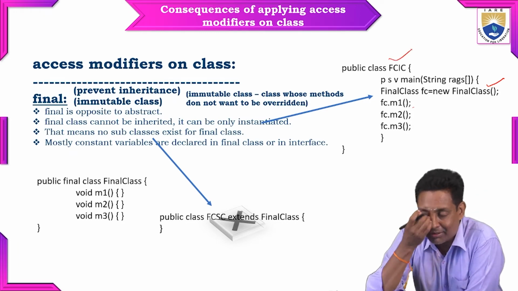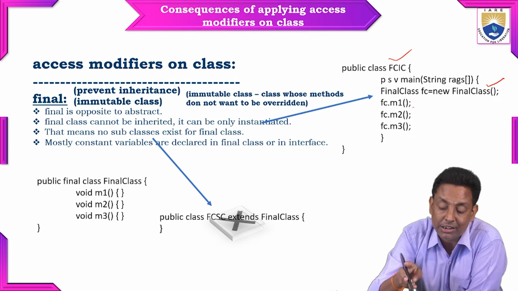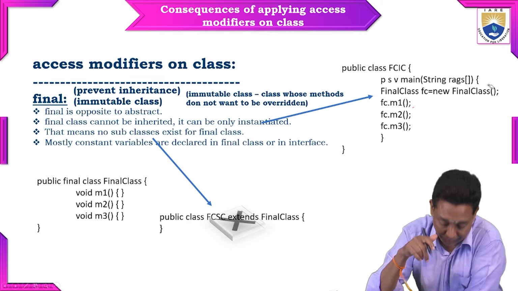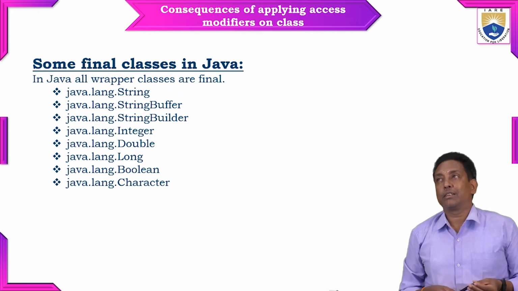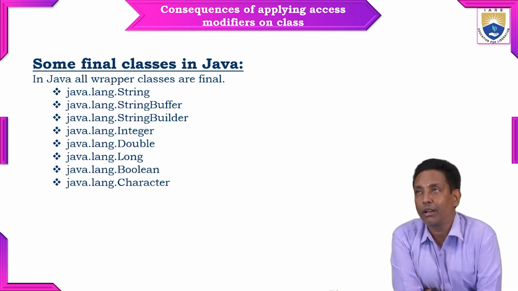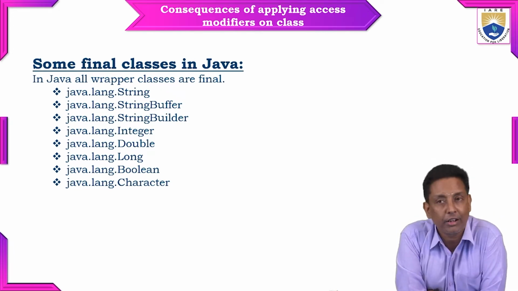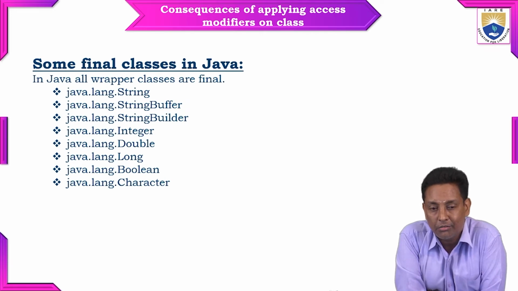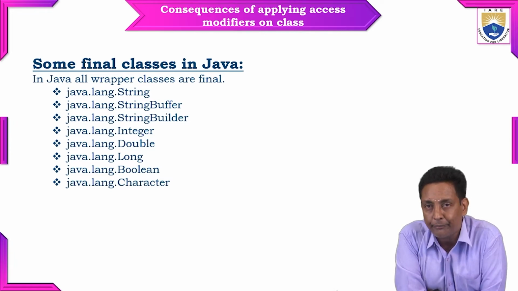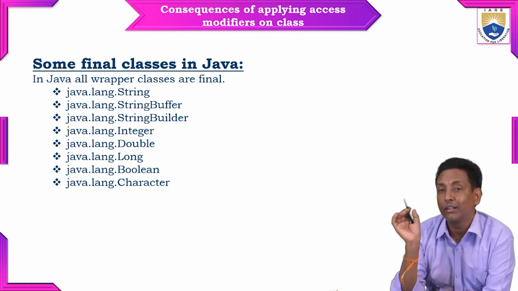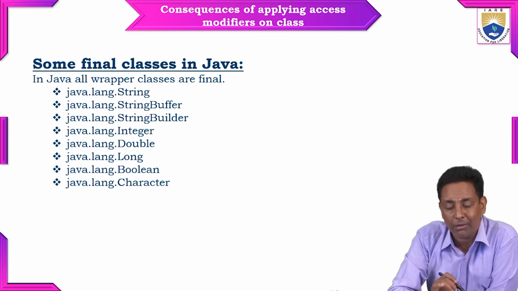And that's clear. In Java, if you ask me for examples of final classes, I can give you so many, but the most frequently seen final classes in the Java API are in the java.lang package. In the java.lang package, all wrapper classes are final classes.